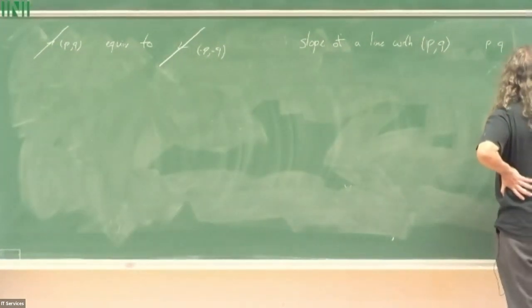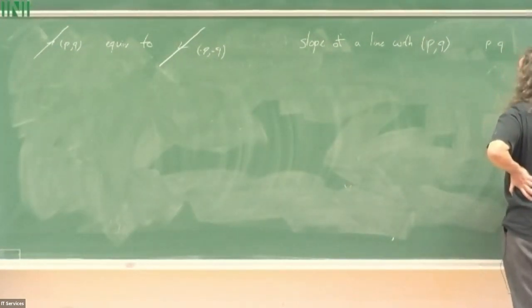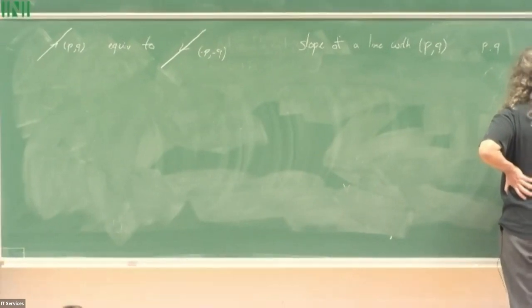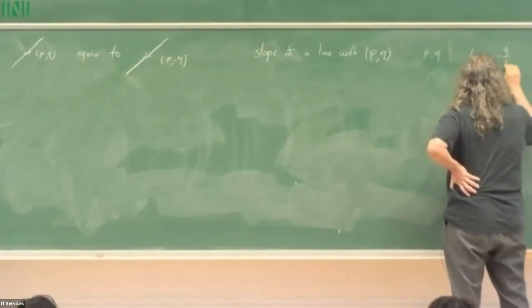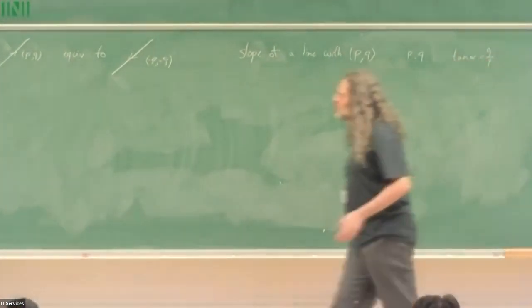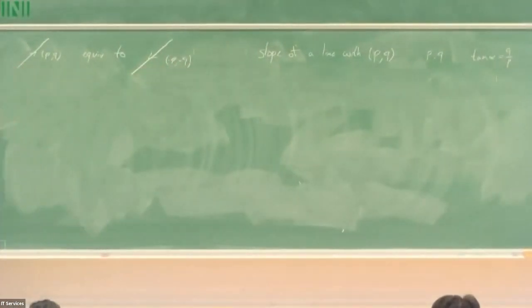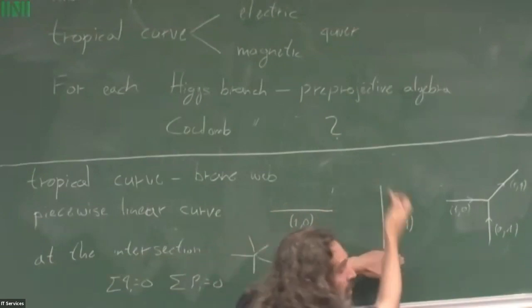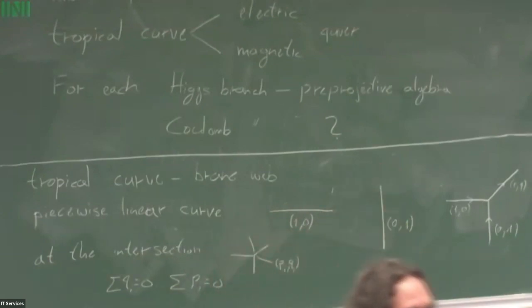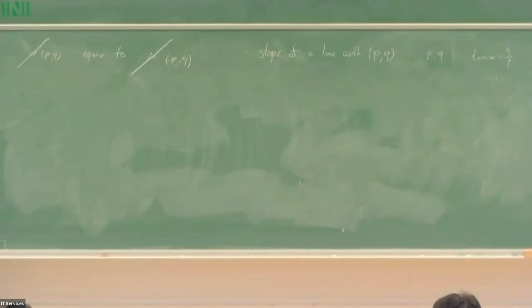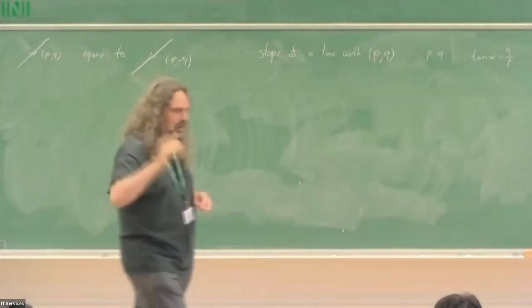So if we call the angle alpha, then it will be q over p, such that, check the numbers, (1, 0) is horizontal and (0, 1) is vertical, and anything (p, q) would have this particular slope.